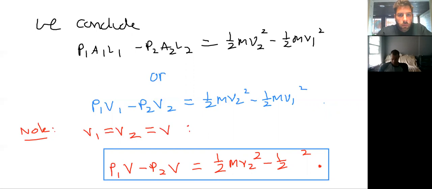So let me say that again, because it's probably not obvious what I mean. Look at the left-hand side. If the pressure from the right is larger, if P1 is bigger than P2, then the left-hand side will be a negative number. And if the left-hand side's negative, that means the right-hand side will have to be negative.